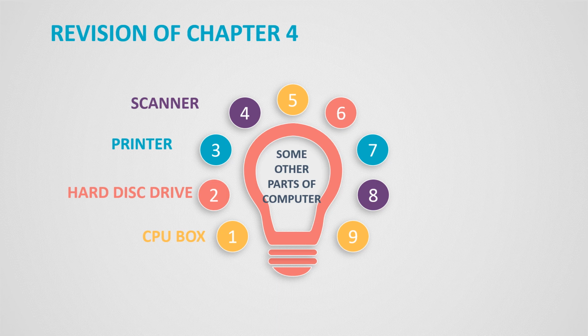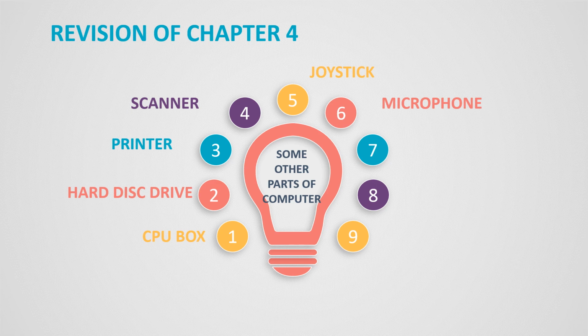Number 5 is a joystick. Joystick is a device used to control movements on a computer. It is used for playing games on a computer. Number 6 is microphone. Microphone is used to record voice, music and sounds into the computer.